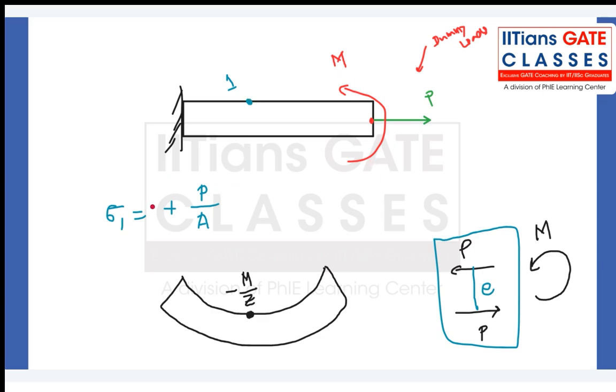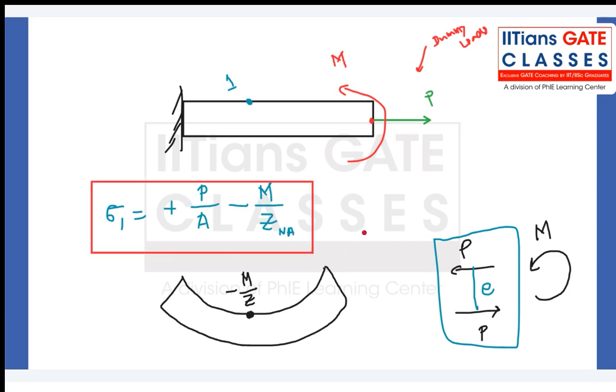So at point 1, we already have a tensile force P by A, then we have minus M divided by Z. We are going to learn the section modulus in detail in class. I just tried to complete the loop.